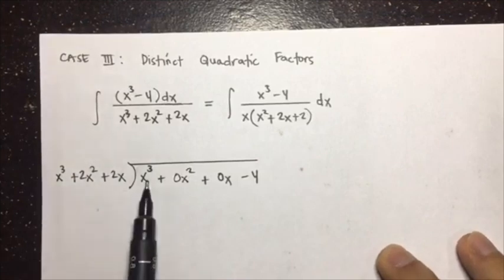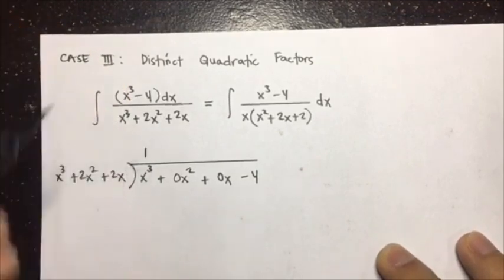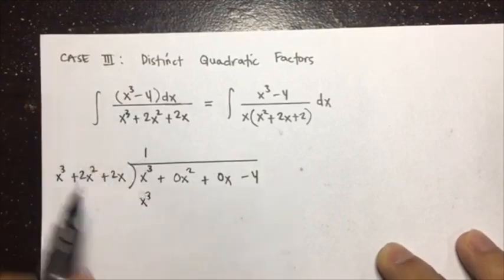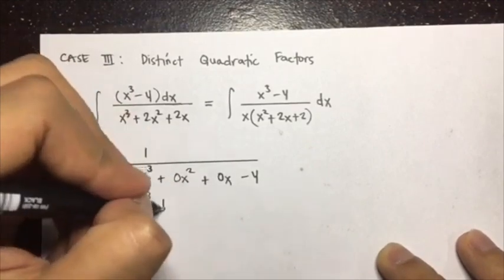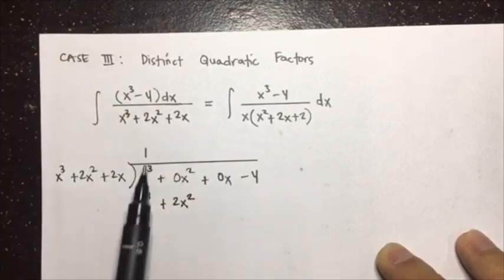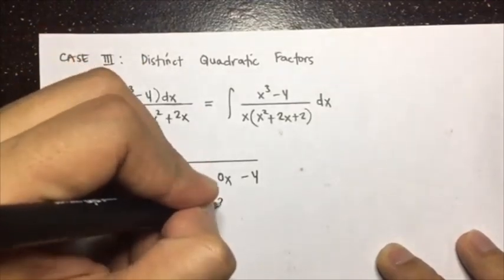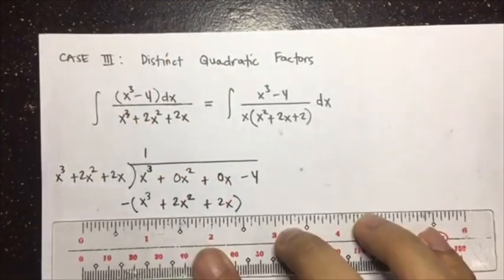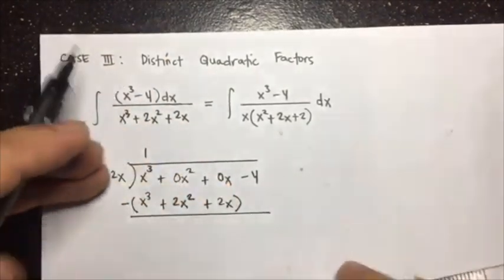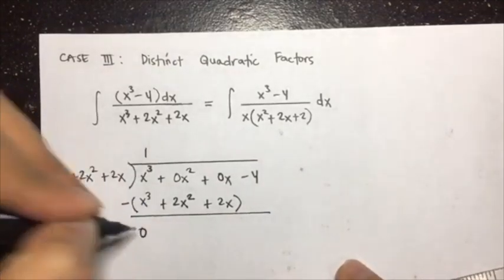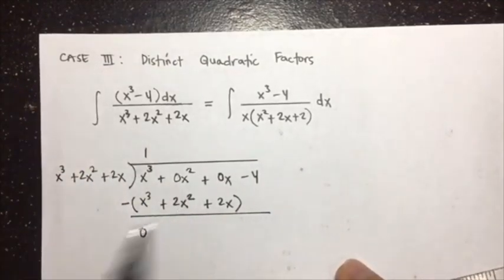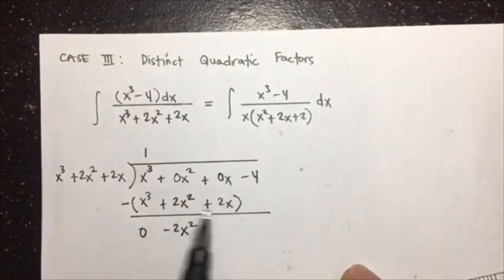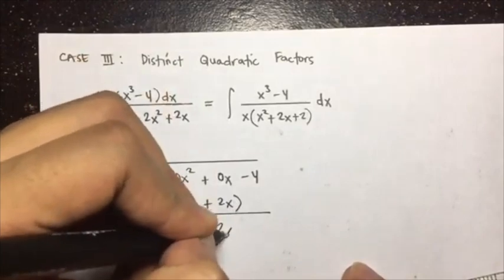x cubed divided by x cubed is 1, and 1 times x cubed is x cubed, 1 times 2x squared is plus 2x squared, 1 times 2x is plus 2x, and then subtract. x cubed minus x cubed is 0. 0 minus 2x squared is negative 2x squared. 0 minus 2x is minus 2x.